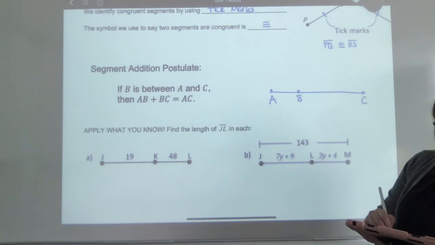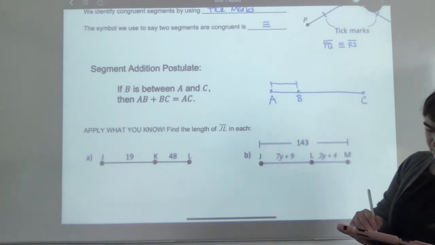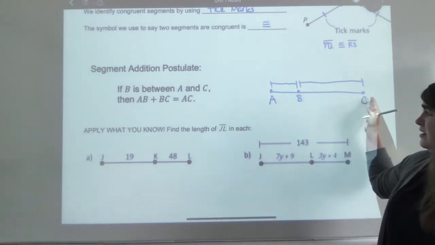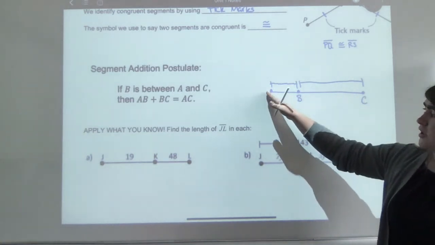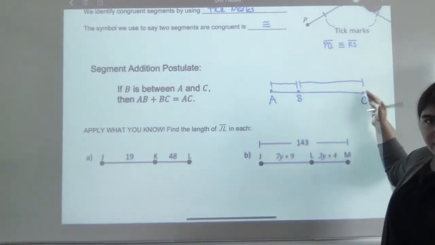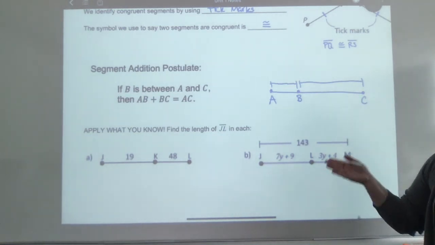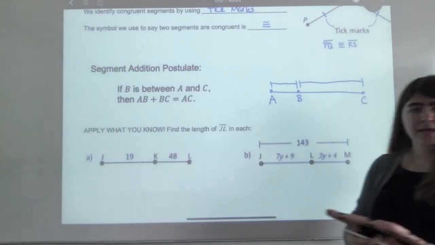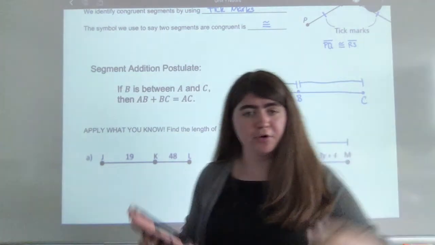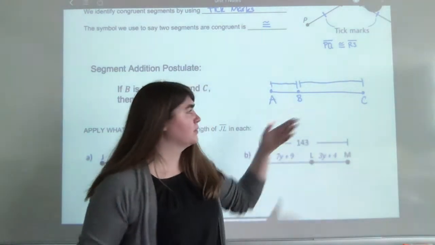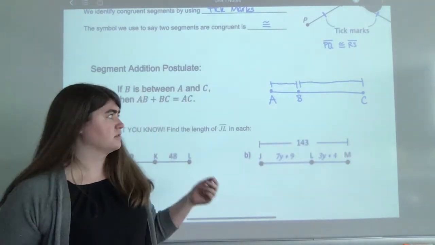So this small section added with this longer section from B to C should add up to the segment AC, which, if you think about it, makes sense. If you're taking two segments and putting them together, then the whole segment will be equal to those two pieces.